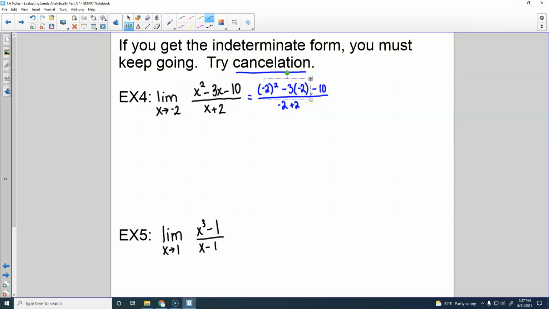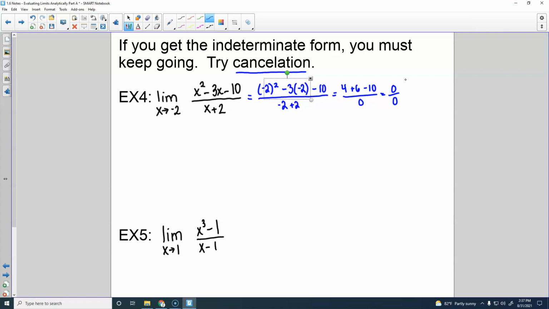If we really wanted to be good, we could write these limits separately, but we're just checking this real quick. So we got 4 plus 6 minus 10 over 0, which is 0 over 0. So this is my indeterminate form. That tells me that I need to keep going.